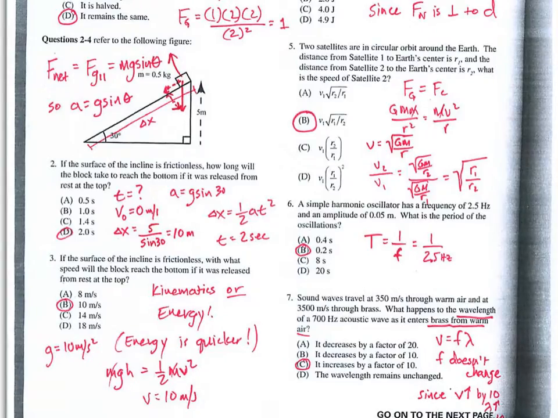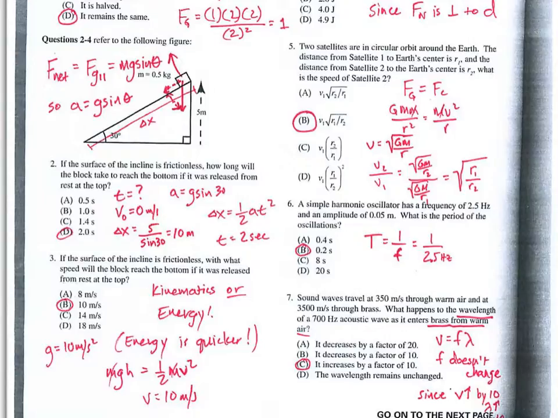For number 5, we're using the gravitational force, GMm over r squared, and we're setting that equal to the centripetal force, assuming circular motion in this case. When we set them equal to each other, we see that the general equation for velocity is the square root of GM over r. And then here we're setting up a ratio to find what V2 is.